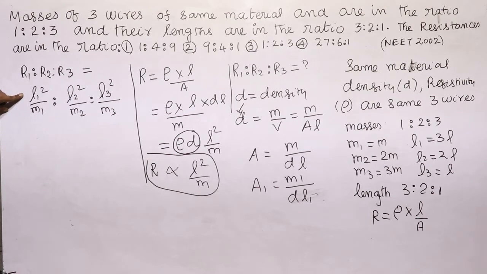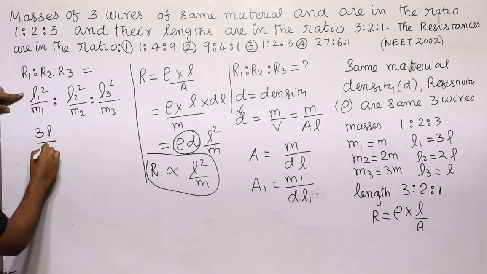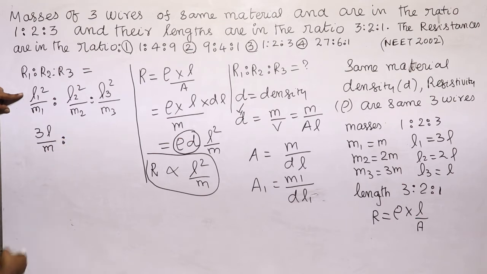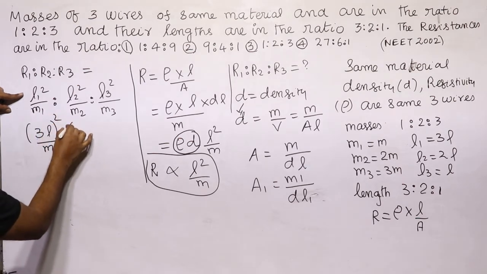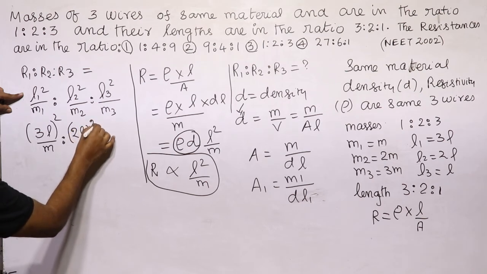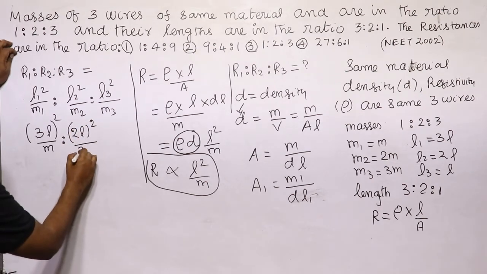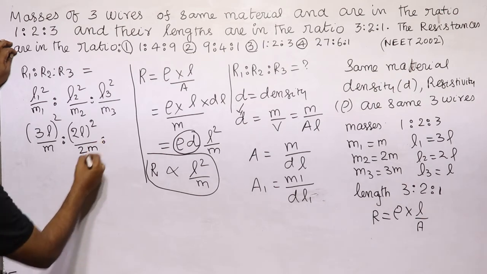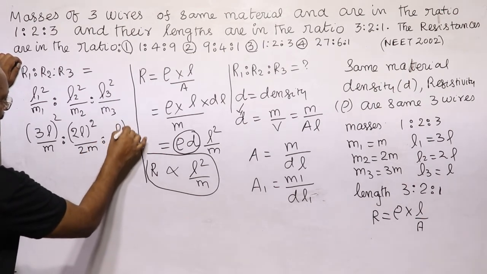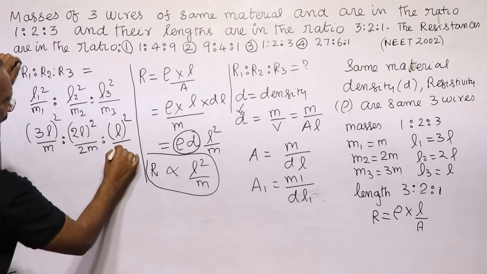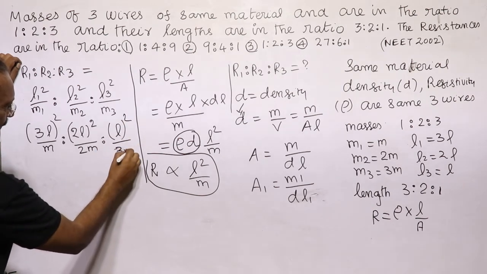L1 is equal to 3L and M1 is equal to M, L2 is equal to 2L and M2 is equal to 2M, L3 is equal to L and M3 is equal to 3M.